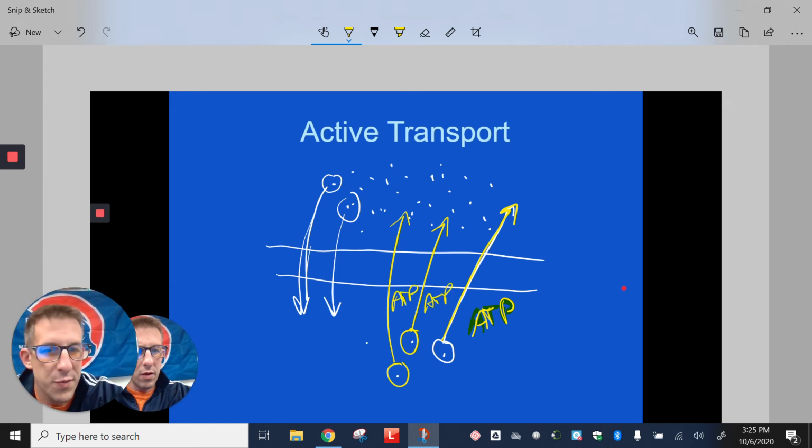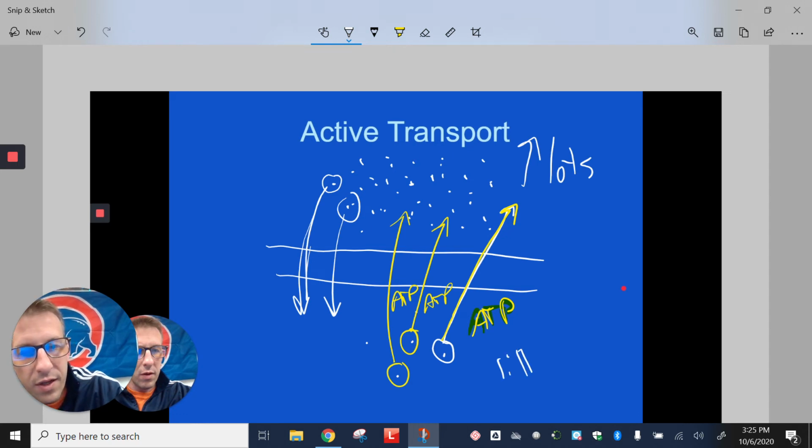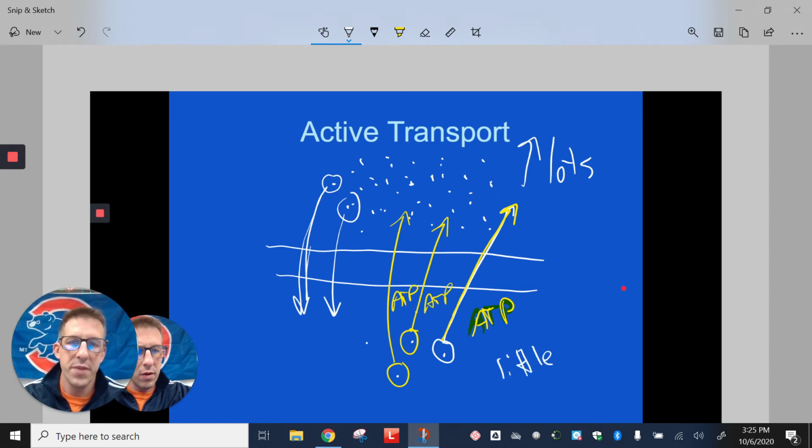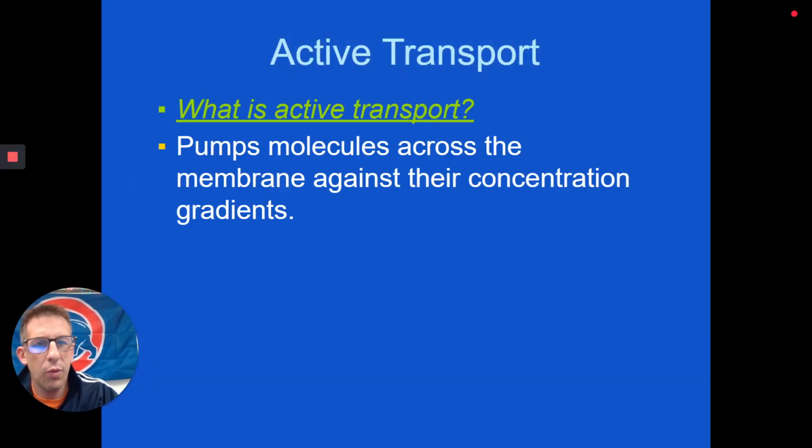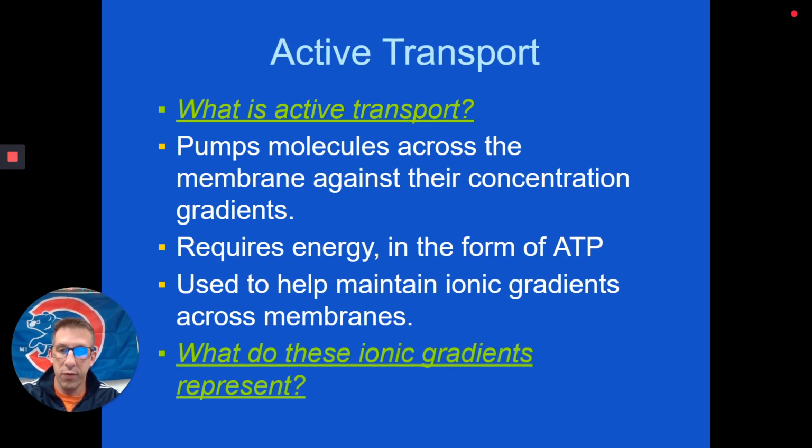Every time it'll do that, it'll spend an ATP and put extra stuff out here. So we're increasing the concentration. There's now going to be lots of this stuff out here and very little of this stuff in here. Okay? So we'll talk briefly about why the cell would actually want to do that, but I wanted you to see that before we go on to the next thing.